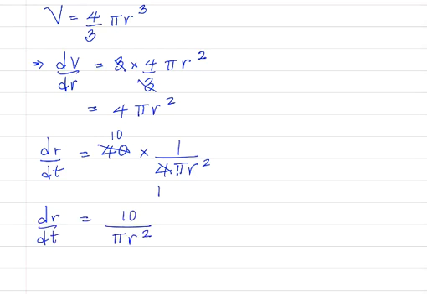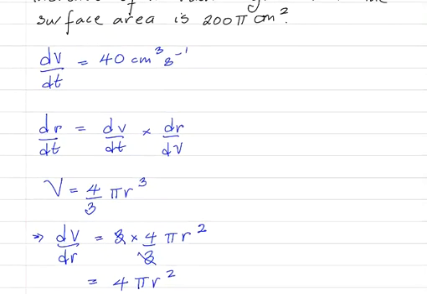All right. Now we need to find dr by dt given that the surface area is 200 pi centimeters squared. Now, the area of a sphere, A, is equal to 4 pi r squared, and this is equal to 200 pi centimeters squared.